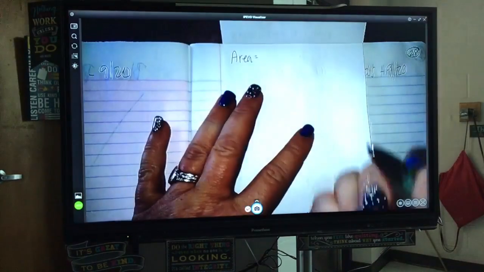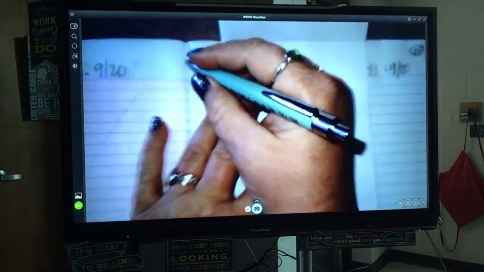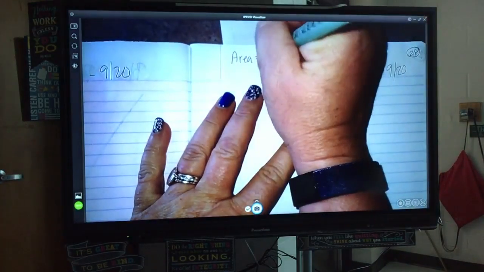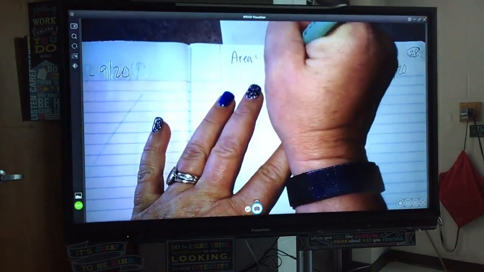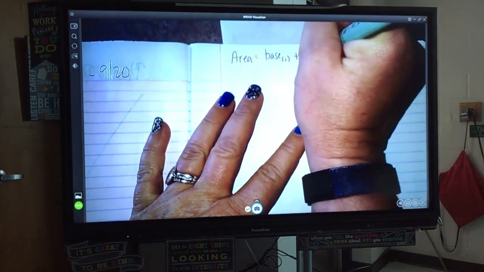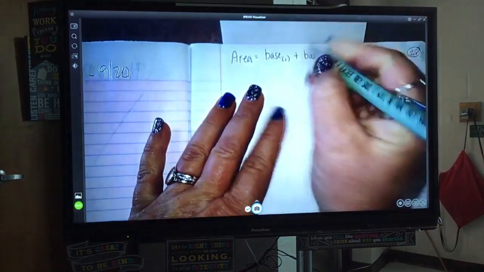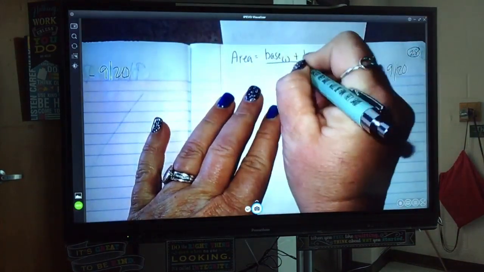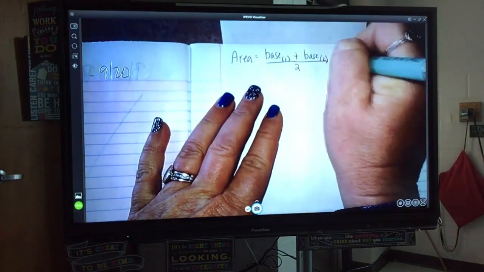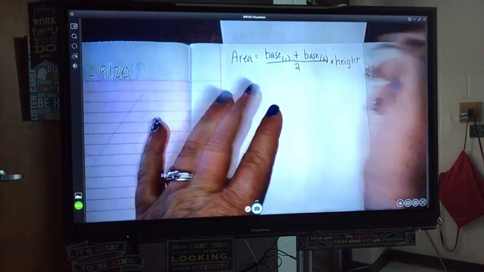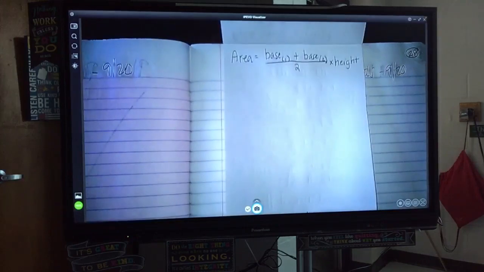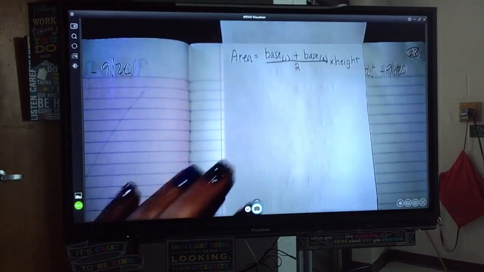Alright, so the formula for the area of a trapezoid is going to be base 1 plus base 2 divided by 2 times the height. Which seems super intense, a little bit crazy, but it is really not that difficult.